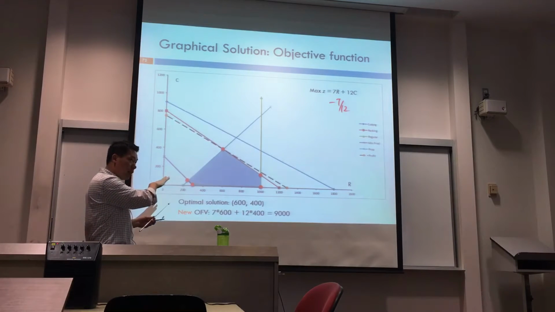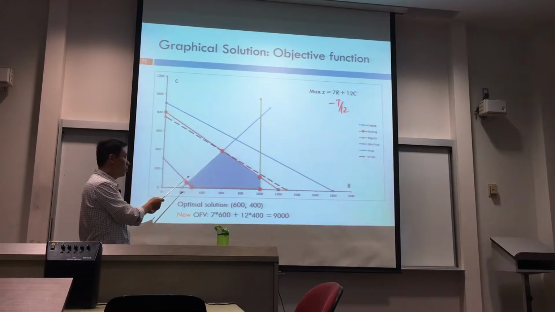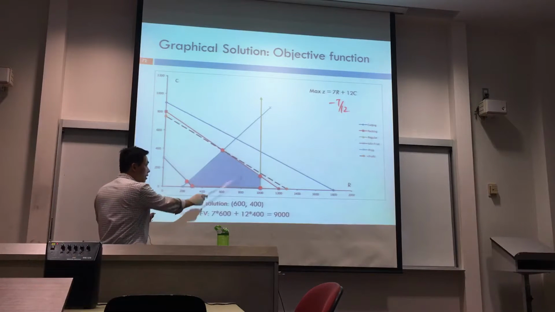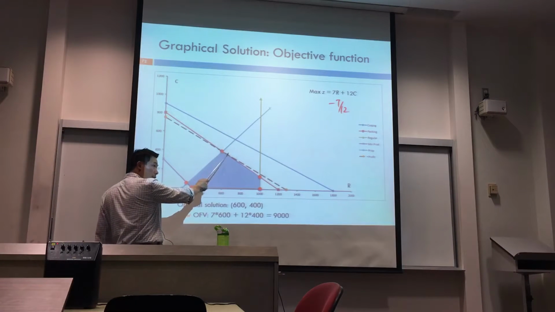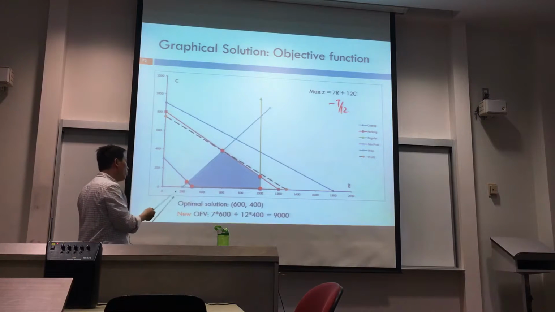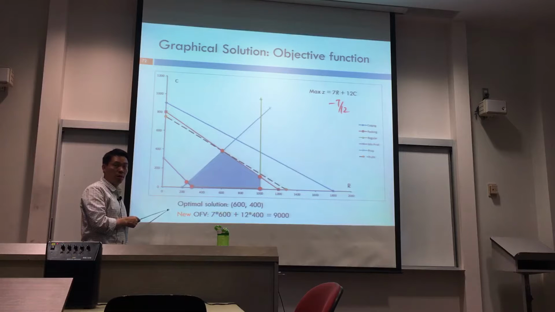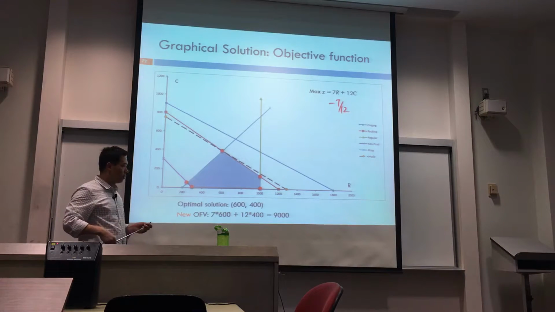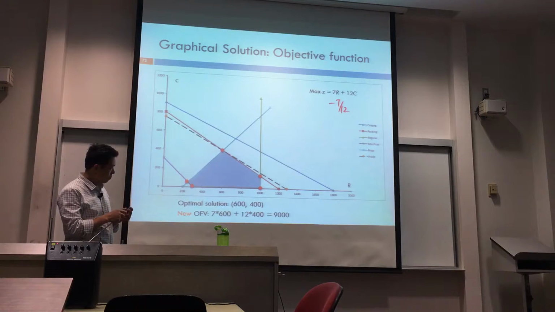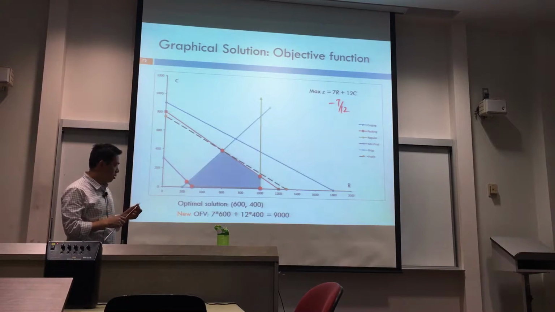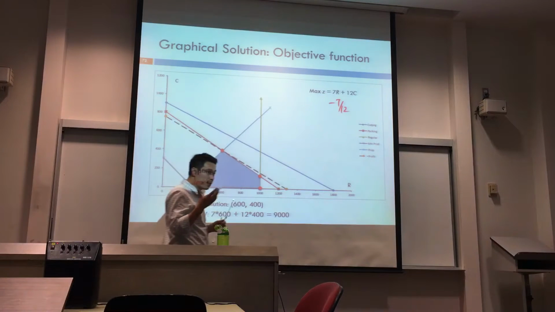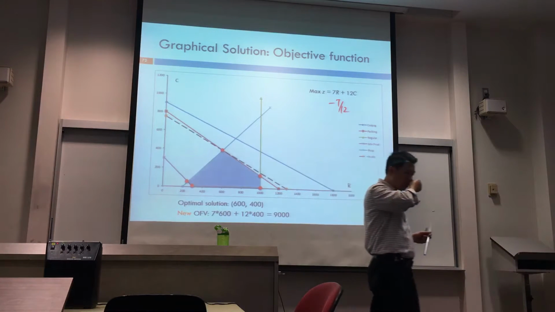But up to this point, the optimal solution stays the same, right? Stays the same. So the optimal OFV is going to change. So the optimal solution will be the same as we can see from the picture, right?